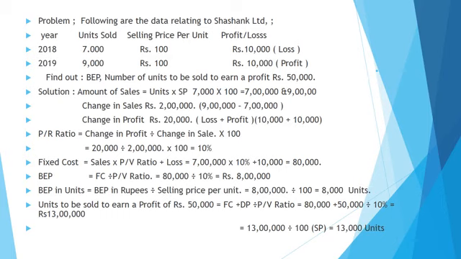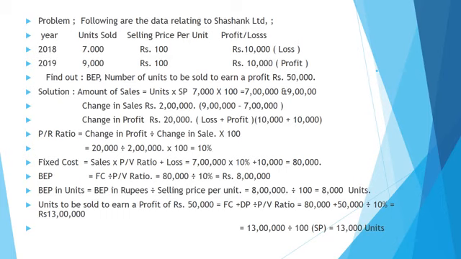Fixed cost rupees 80,000 plus desired profit rupees 50,000 divided by 10% is equal to rupees 13 lakh. Now we want units. Units to be sold is equal to rupees 13 lakh divided by rupees 100 selling price per unit. So the result is 13,000 units. So 13,000 units are to be sold to earn a profit of rupees 50,000.